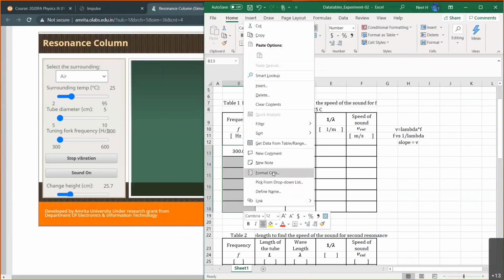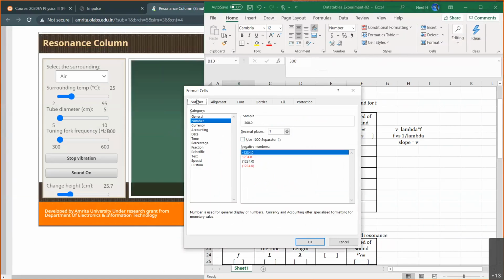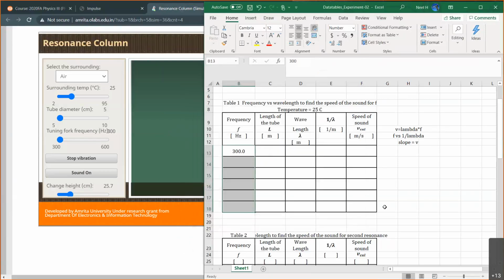And then right click, format cells, and then Number on the very top, Number again here, and then change these decimal places to 1, then click OK. All right, thank you. Yep. Anyone else have any question? No problems. Okay, then let's collect the data.